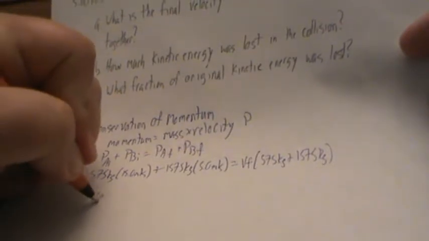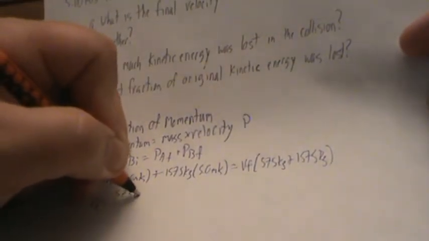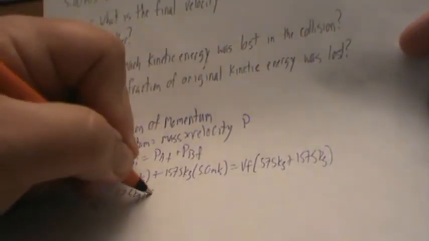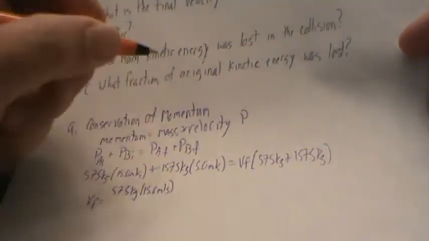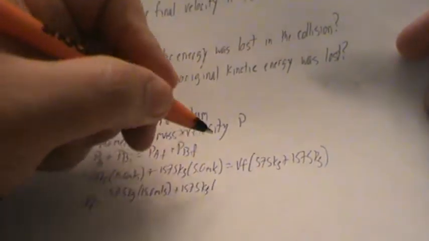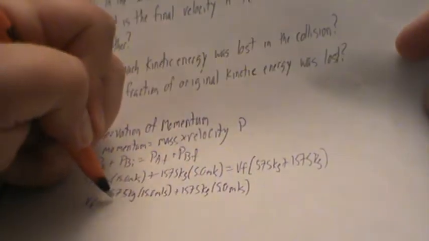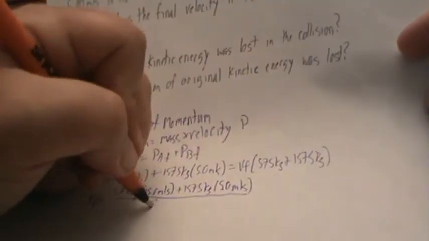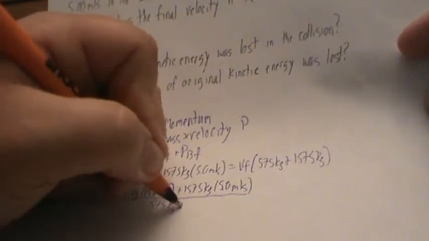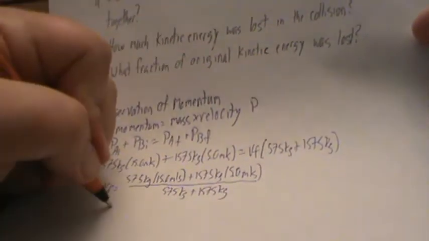So our final velocity is going to be equal to 575 kilograms times 15 meters per second plus 1575 kilograms times 5 meters per second, all over 575 kilograms plus 1575 kilograms.